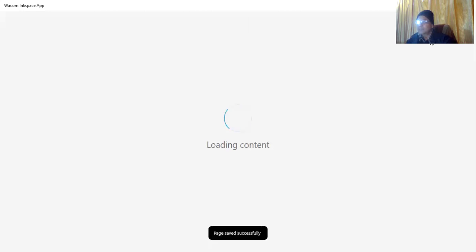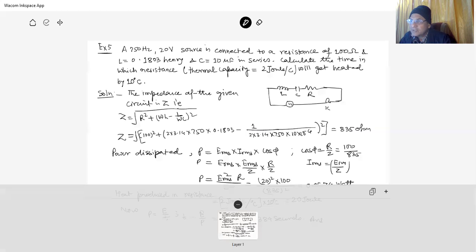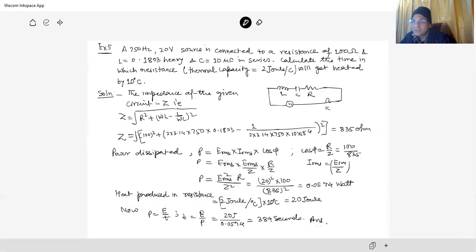So the next example is based on a simple concept of the circuit. A 750 hertz, 20 volt source is connected to a resistance of 100 ohm, 0.1803 Henry and 10 microfarad in series.